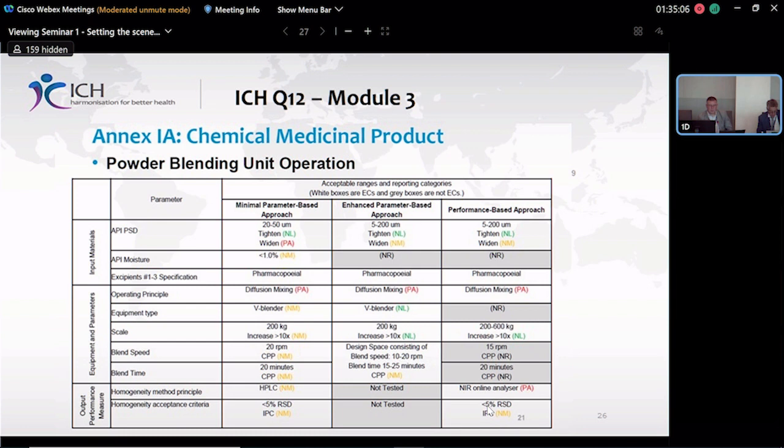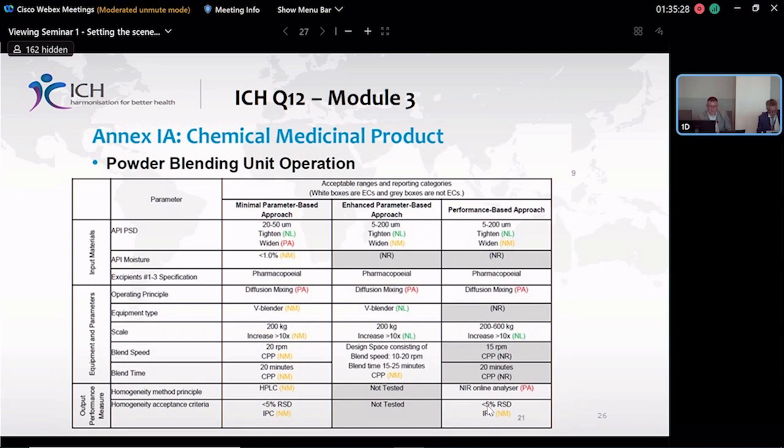So we've a couple of key things we need to consider here. We have the material attributes, the input material attributes. So we have the particle size distribution of the active substance, the moisture content of the active substance, and the specifications of the excipients. Then we have our mixer.